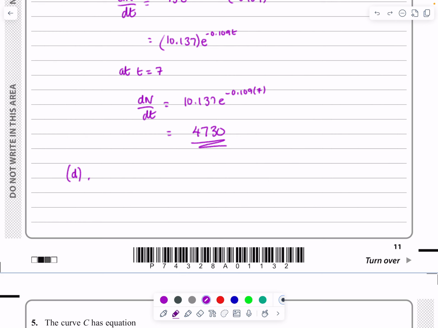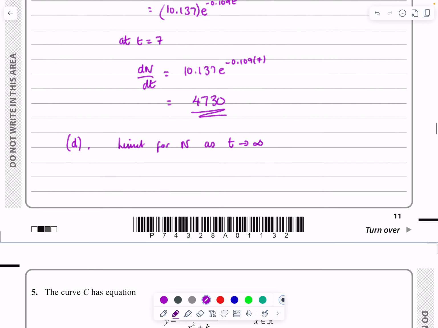So the way that I would do this is I would say the limit for N as t tends towards infinity, we get 125 minus 93e to the minus 0.109t, but t is equal to infinity. So we get 125 minus 93e to the minus infinity, and we know then that that tends towards 0.